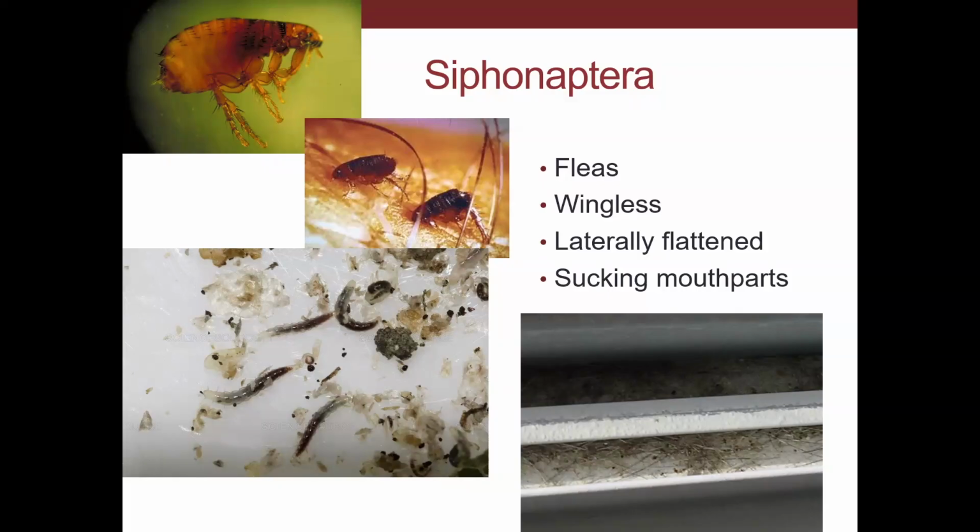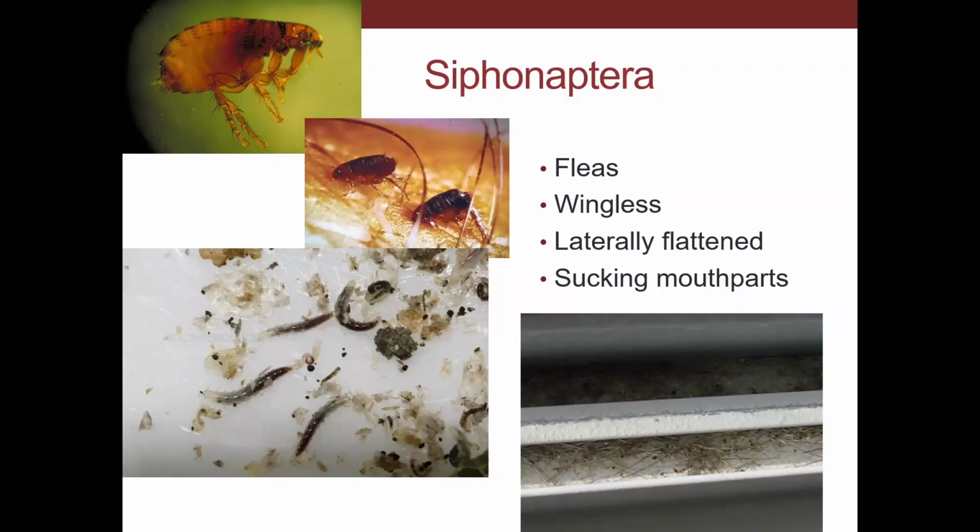With the larvae, they are going to be that worm-like larvae, and they feed on organic matter, but they also need blood. So adult fleas feed on blood that is on the animal. They will partially digest that blood, and so when they poop, their fecal material has some of that blood in it.